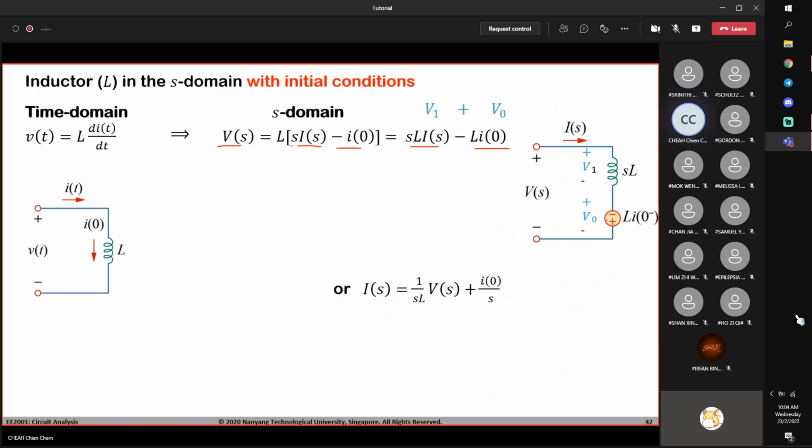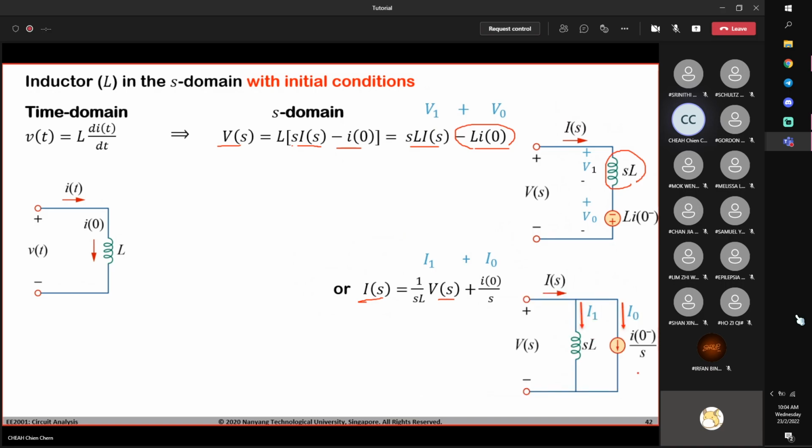Which means one of them is represented by the source, this is my LI0. The other one is actually SL, same as the one with the zero initial condition. If you want current to be the subject, expressing I(S) in terms of V(S), then you're adding up the currents. This means a parallel combination.